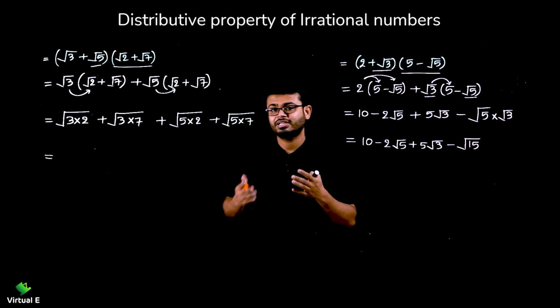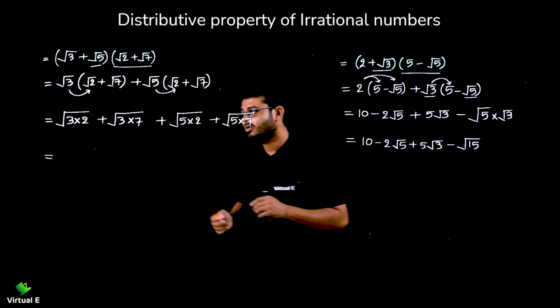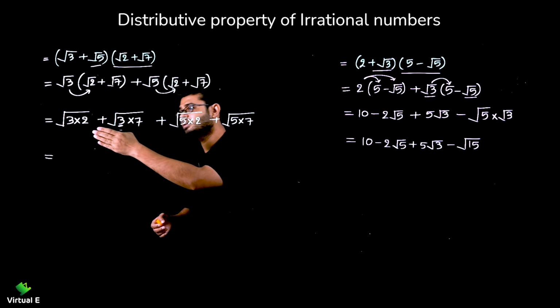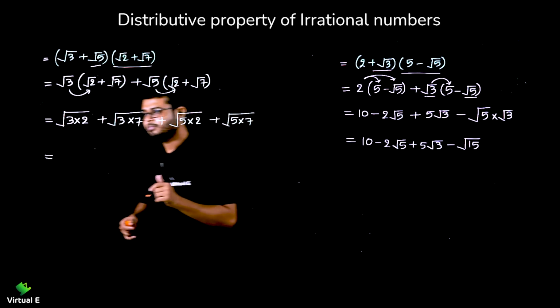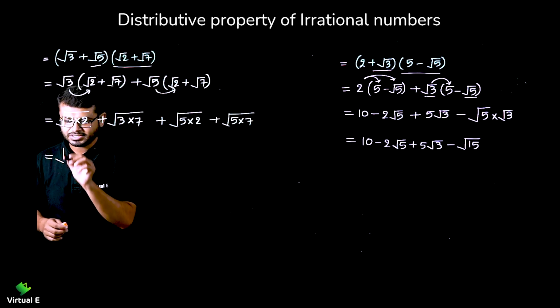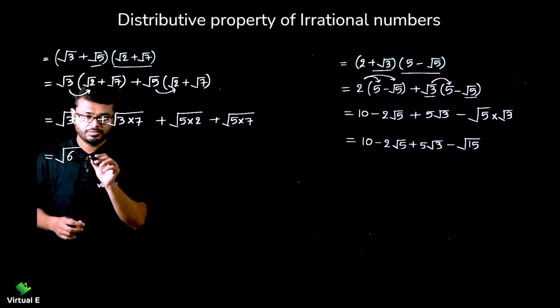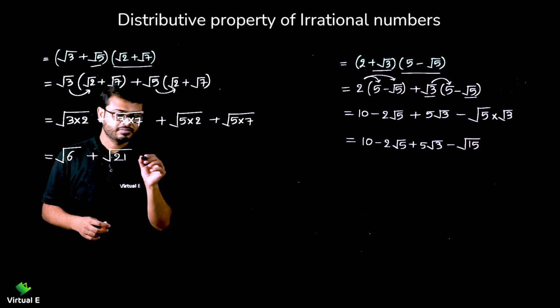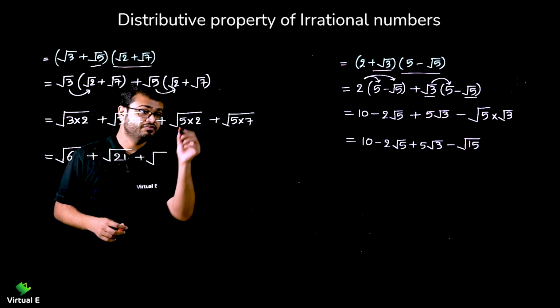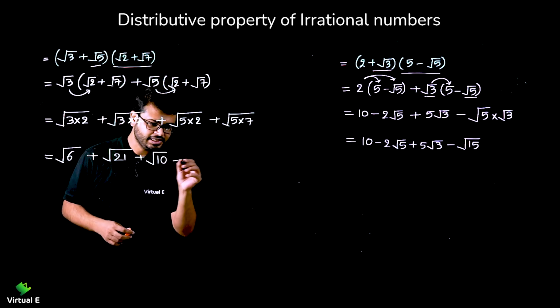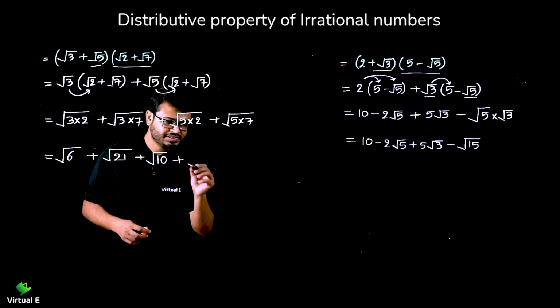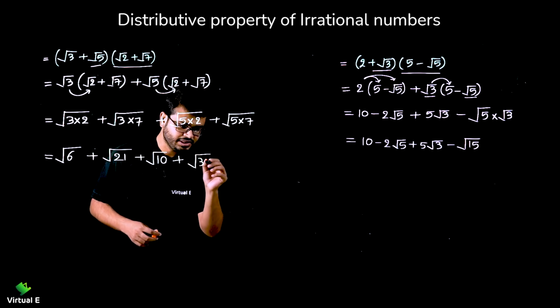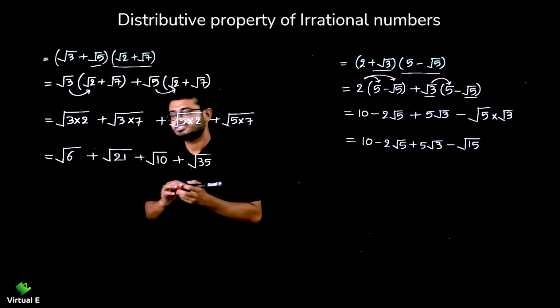If it is a perfect square, then it's very simple, we can take out the square root, but we all have primes only: 3, 2, 7, 5. Okay, so 3 2s are 6, so square root of 6 plus square root of 21 plus square root of 5 2s are 10, plus 5 7s are 35, so square root of 35. That's it. This is our final answer.